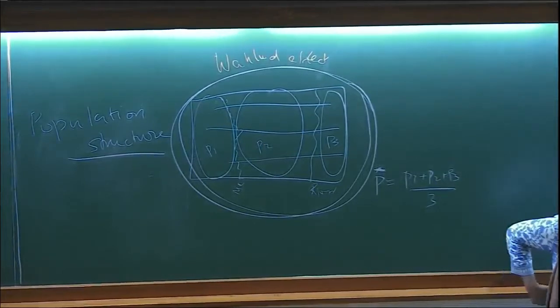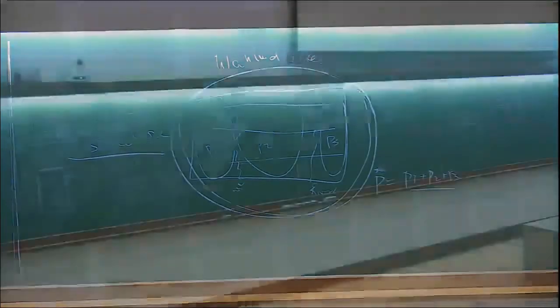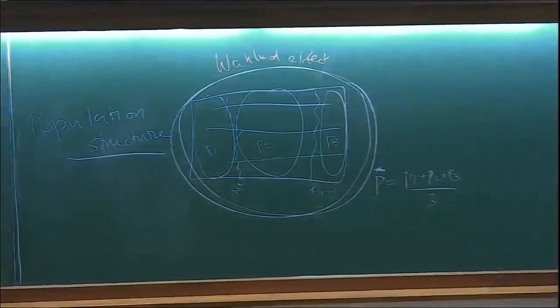Doesn't matter. P is a frequency. If P was a number, you would divide by the frequency. When you say P1, it's not the frequency of individuals in that patch, it's the frequency of allele A in that patch. So say that patch has some 100 alleles and the other one has another 100 alleles.